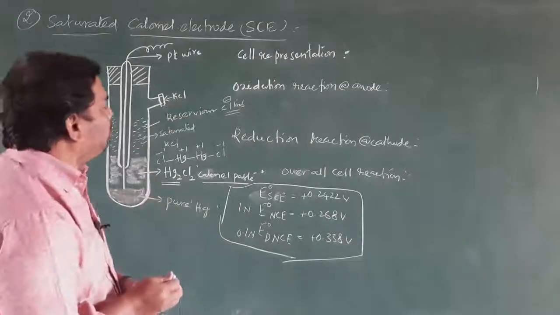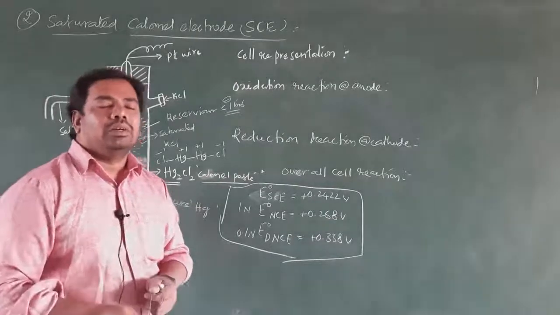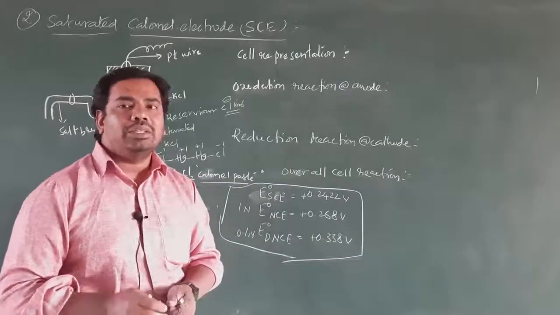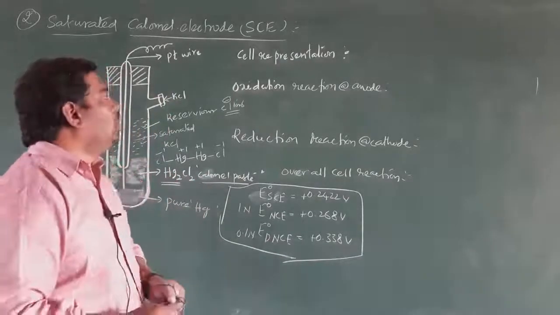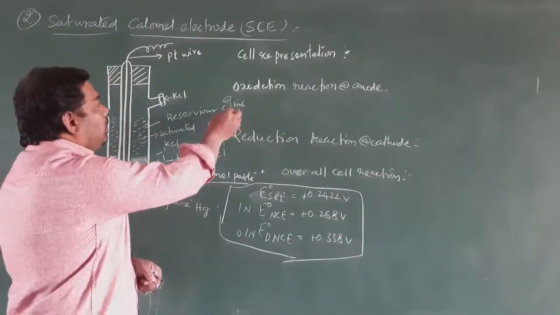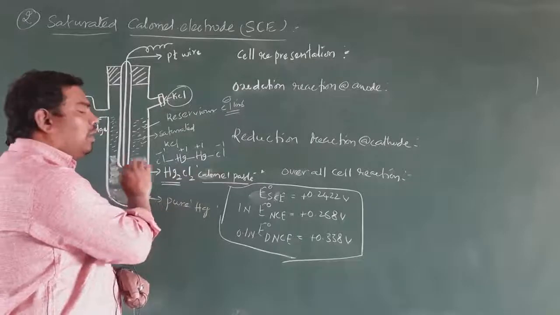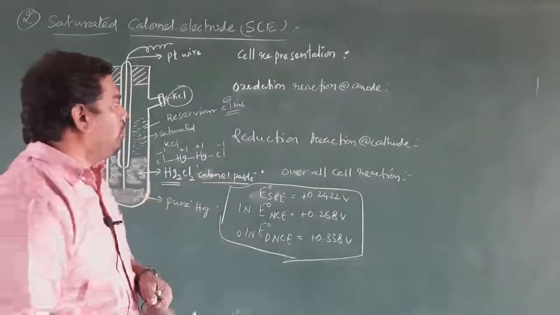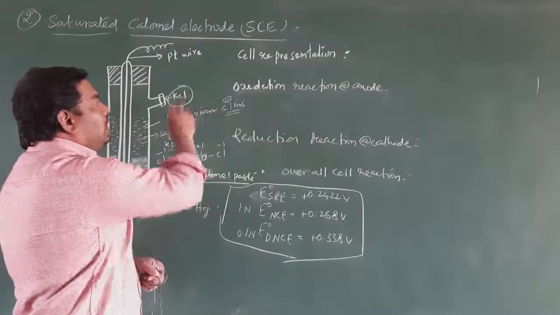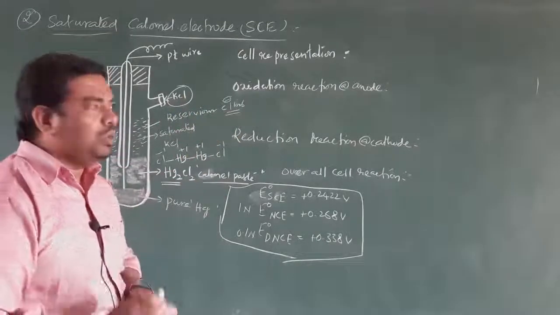Please remember, the determination of the electrode potential of the calomel electrode depends on the concentration of chloride ion only, the chloride ion of saturated KCl only, not the chloride ion of mercurous chloride. So the electrode potential depends on the concentration of Cl minus ions of the potassium chloride solution only. Okay, right?